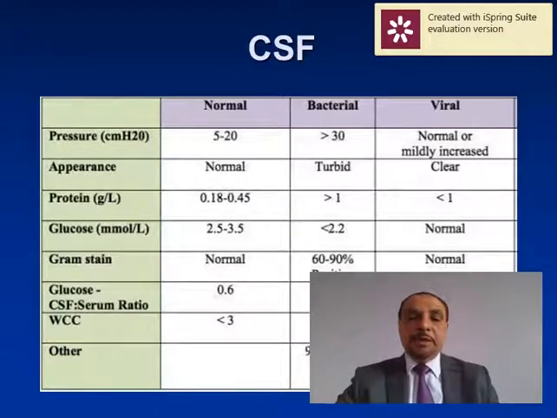Sometimes they consider 500 cells. Other things: in bacterial meningitis, usually the polymorphs are higher, 90% or more, while in viral meningitis you will find the monocytes.